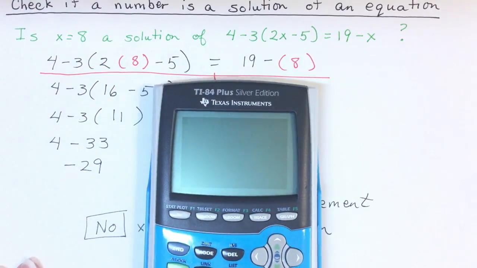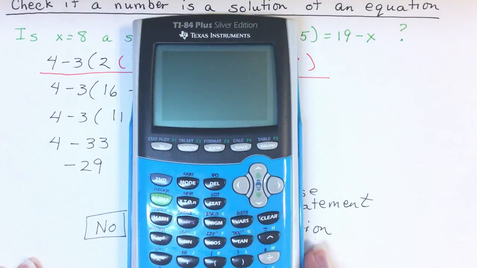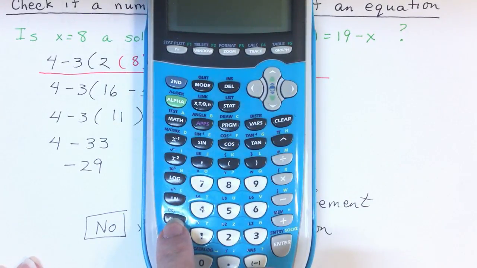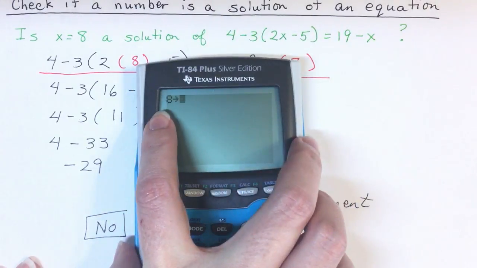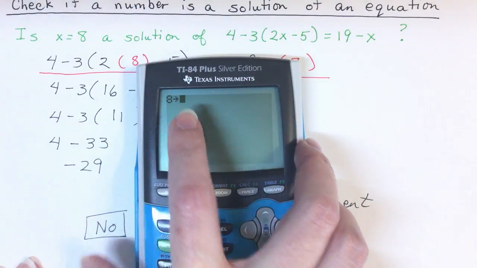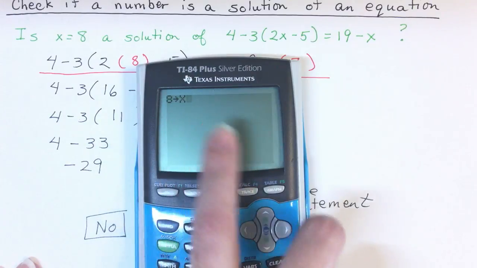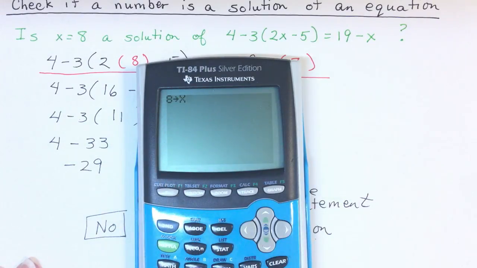So what I'm going to do is take 8 and store that. When I hit the store key, I get that arrow. Now I'm going to hit my variable key. 8 store as x. Hit enter.